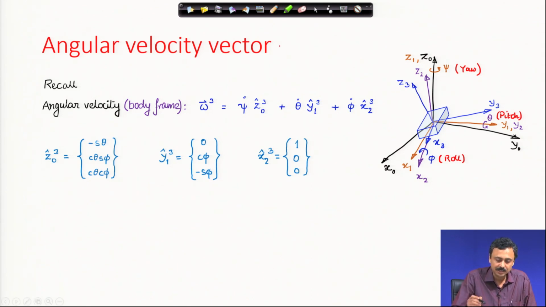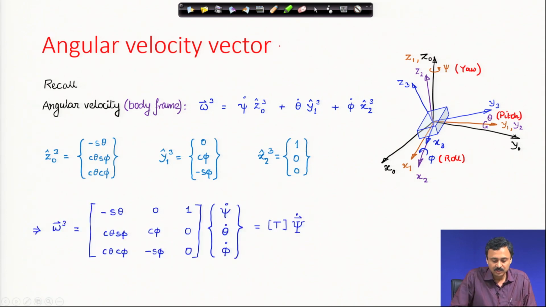All these things were discussed previously, and we had this transformation from the yaw-pitch-roll rate vector, capital psi dot, to the angular velocity vector, and this is the detail of the transformation. This we had discussed.